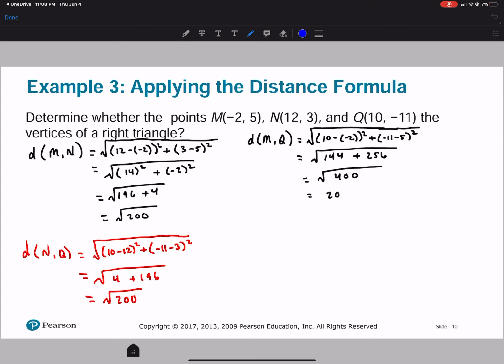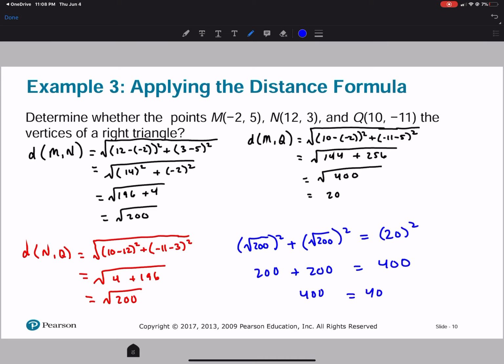So, the square root of 200 squared plus the square root of 200 squared is equal to 20 squared. Now, this would just be 200 plus 200, which is equal to 400. So we got 400 is equal to 400. Then that checks out. That means it is a right triangle.